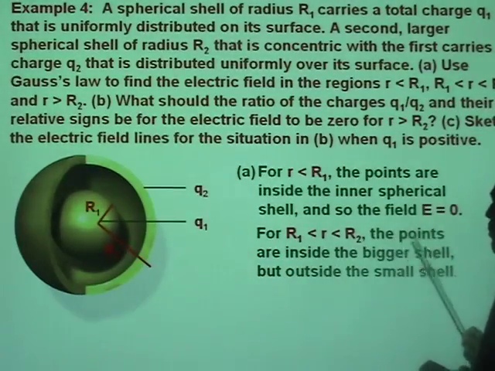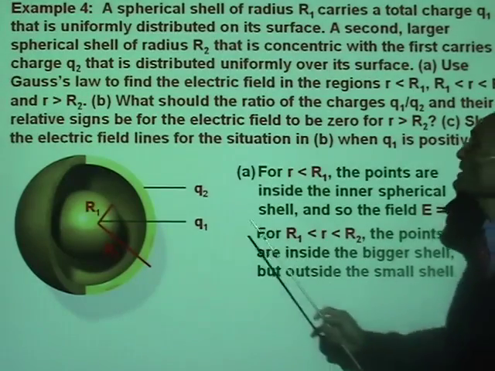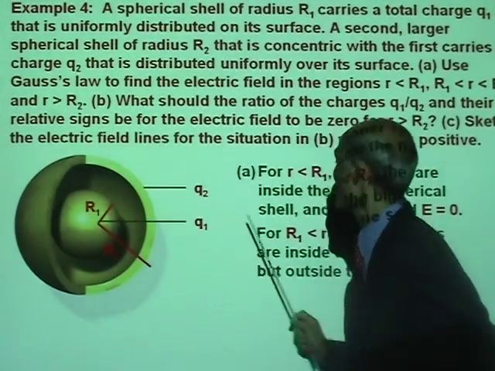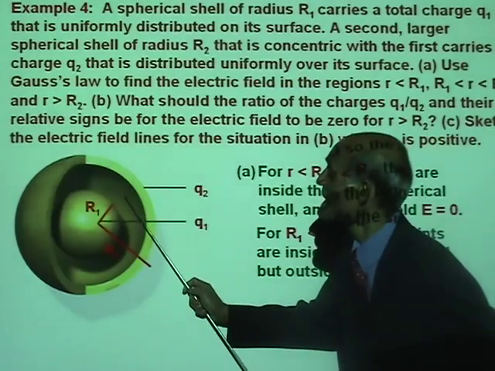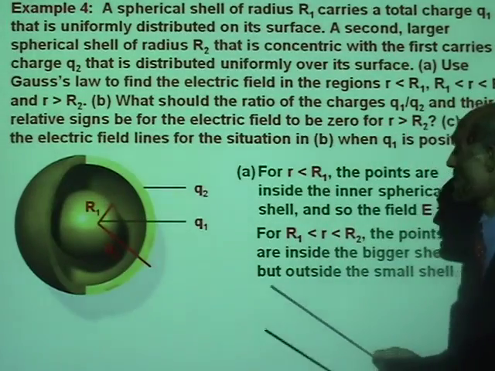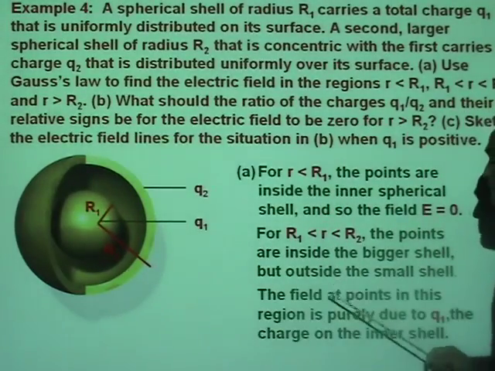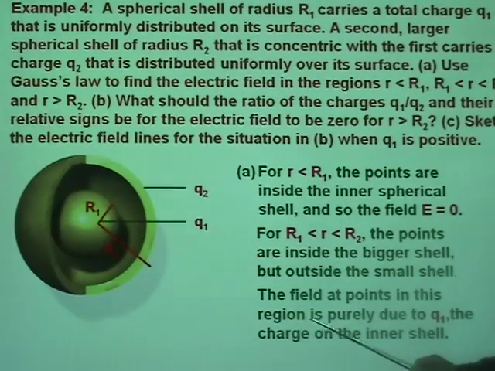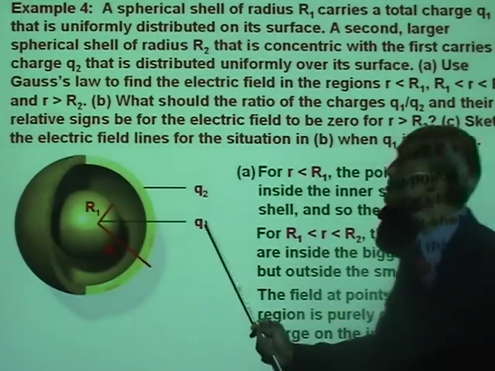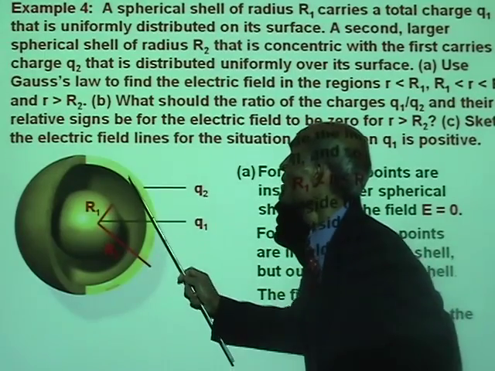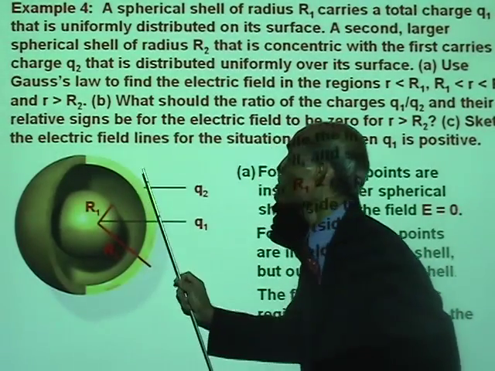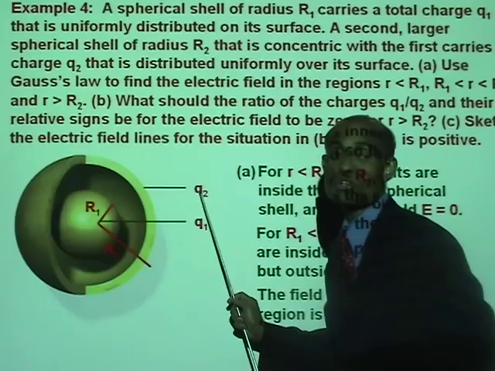Now, the points are inside the big shell. Is that right? So such points are inside the big shell and outside the small shell. The field at points in this region is purely due to Q1 because inside the large shell the charge is on Q2.